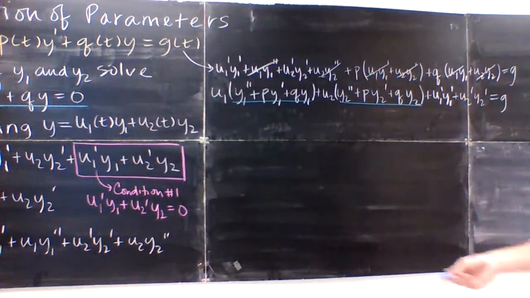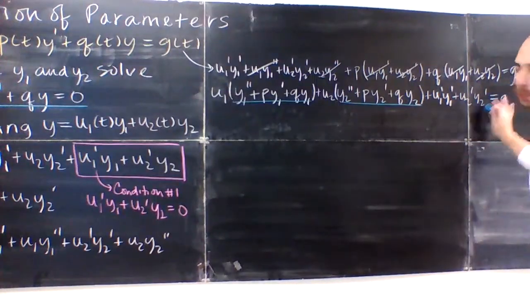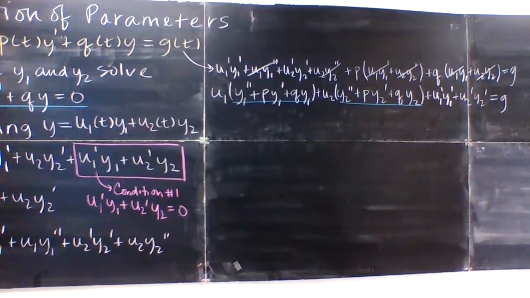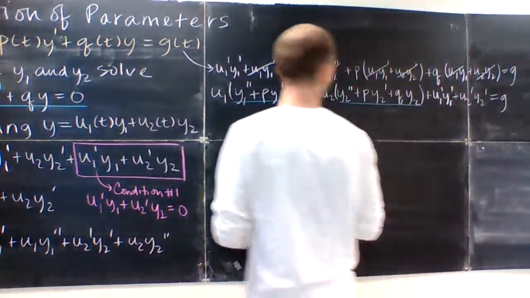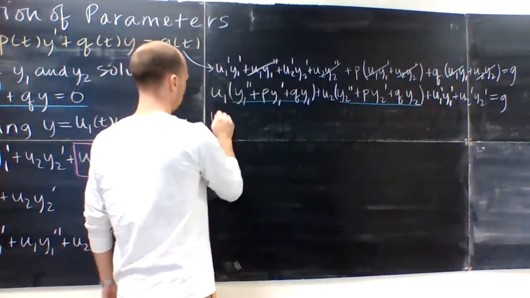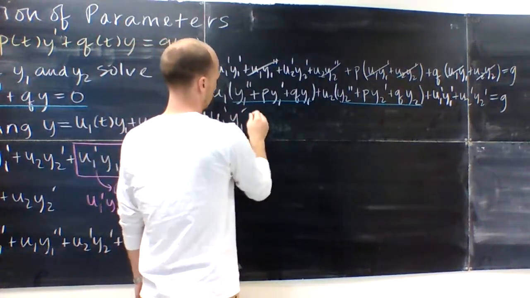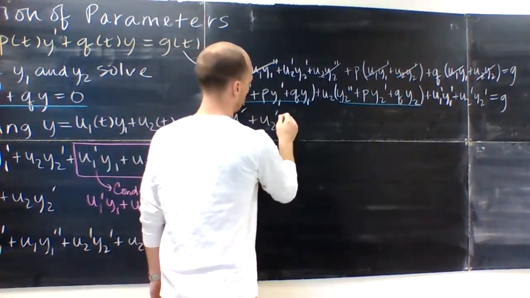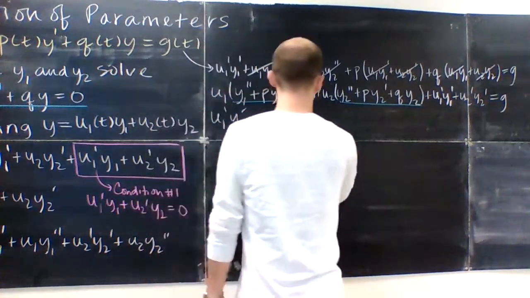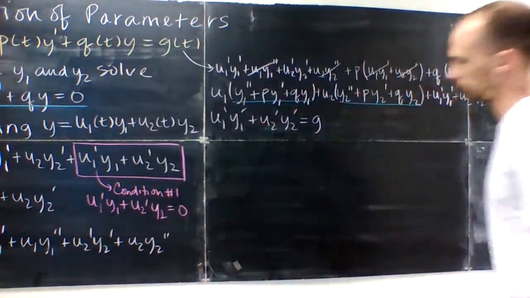So really what I've got is 0 plus all this equals g, and I can have it more condensed: u1 prime y1 prime plus u2 prime y2 prime needs to equal g of t.